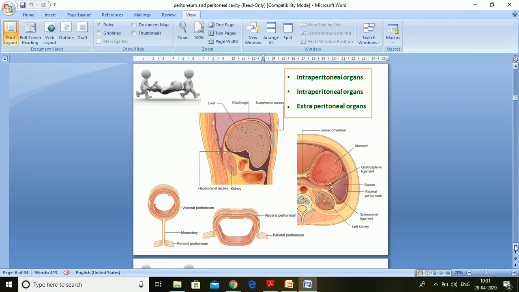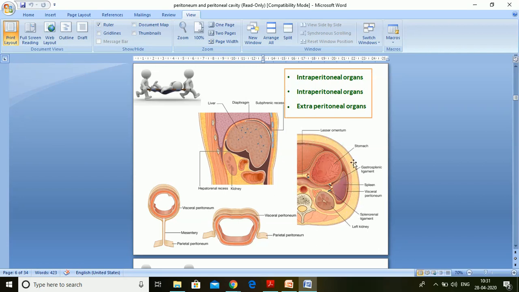So the organs which are located within the supracolic and the infracolic compartments, we call the intraperitoneal organs, where you get the organs located in different positions within the same sac. Then extraperitoneal means the organs which are located behind the peritoneal cavity are called the extraperitoneal organs.